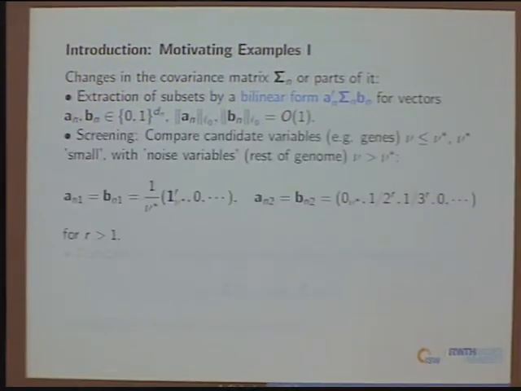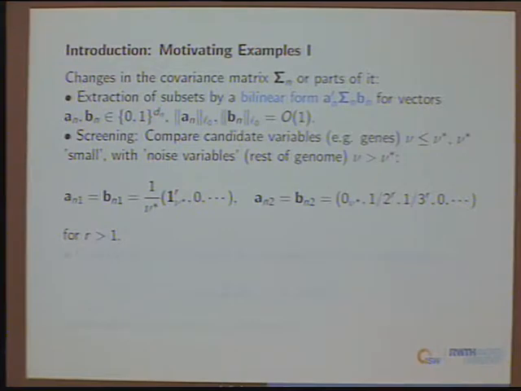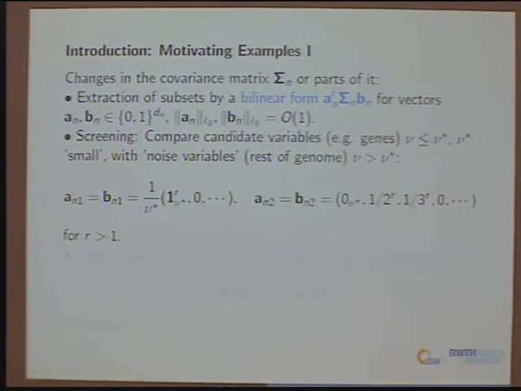For example, if you want to make some kind of screening, you have some candidate variables, for example genes in a statistical genetics application, up to the index nu star, and you want to compare with the rest of the genome, so these are kind of noise variables. Then you can define your weighting vectors in this way.